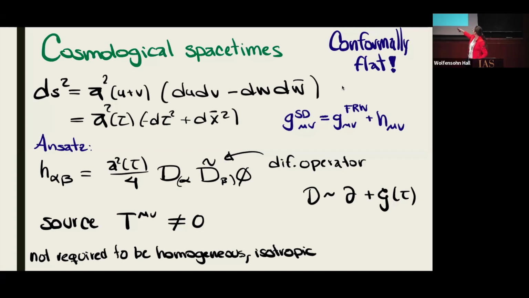And we're going to now write this self-dual metric as an exact perturbation around FRW. So the ansatz is going to be, again, very similar to what you had in de Sitter, but now you're going to have the scale factor in front of here. And I'm going to just say I have two differential operators. They're linear in derivatives, and they can have some deformation in terms of some function that is a function of conformal time.